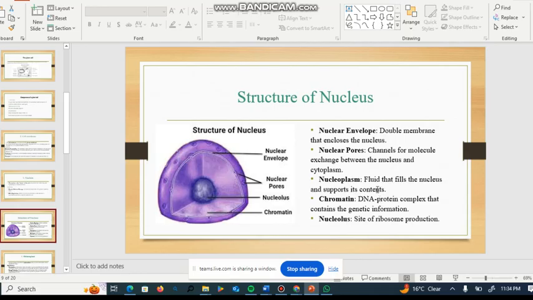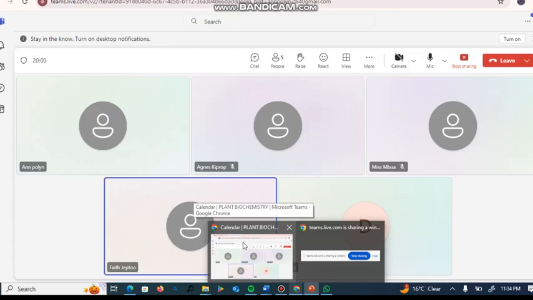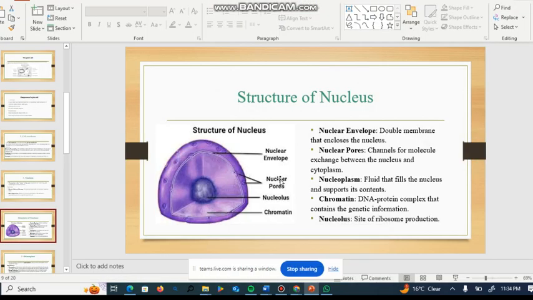We have the nucleoplasm. This is the fluid that fills the nucleus and supports its content. And then chromatin, we have the DNA protein complex that contains the genetic information. And the nucleolus is the site of ribosome production.